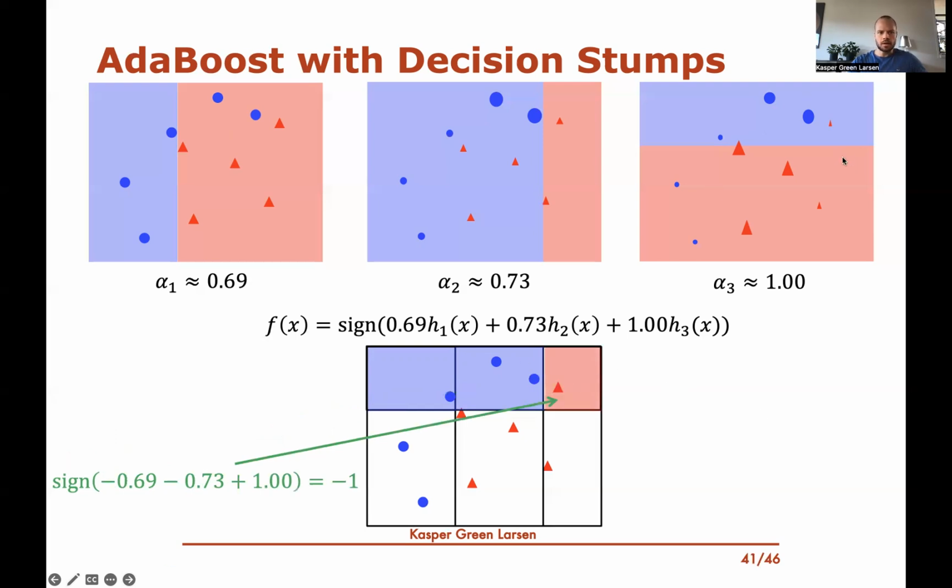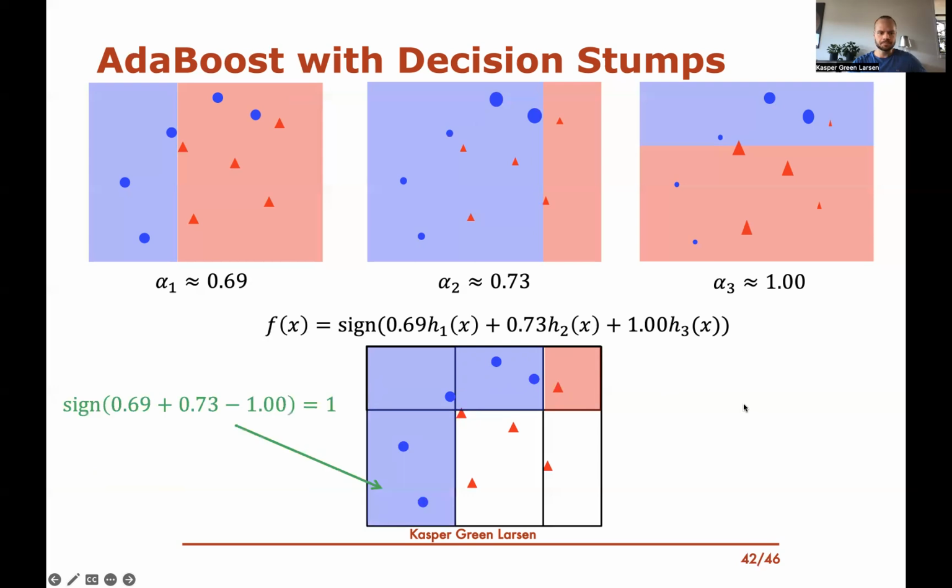In the final top right corner, we're going to see that both the first and the second hypothesis make a negative prediction here. So we get -0.69 minus the weight 0.73 plus the weight 1 from the last hypothesis. This is still negative, so we make a prediction of -1 in this region. Down here, we'll see that the first two have a positive prediction and the last one has a negative prediction.